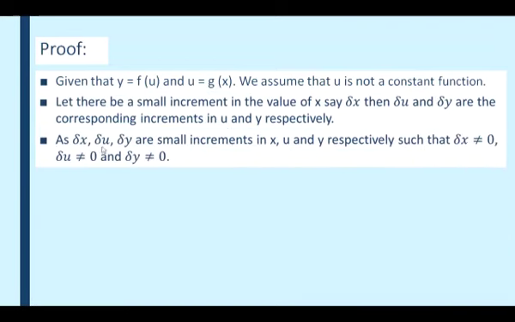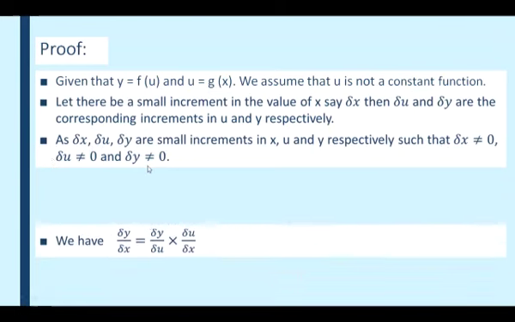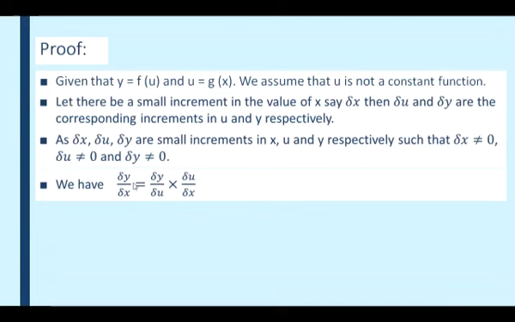So as delta x, delta u, delta y are small increments in x, u and y, we can write delta x is not equal to 0, delta u is not equal to 0, and delta y is not equal to 0. So what can we write? Delta y upon delta x equal to delta y upon delta u into delta u by delta x, because delta x, delta y and delta u are the small increments in x, u and y.